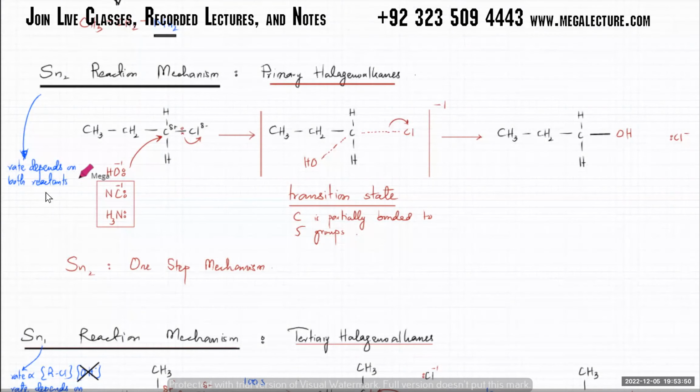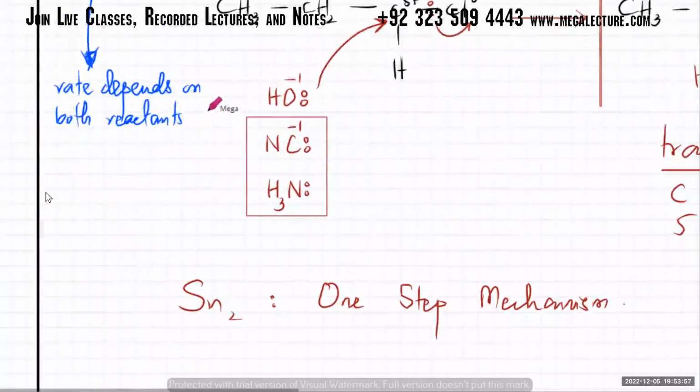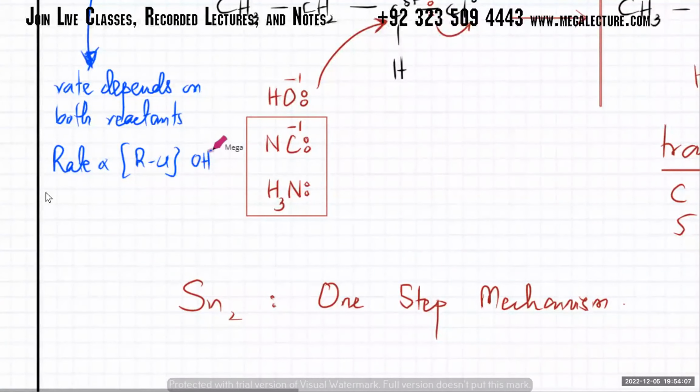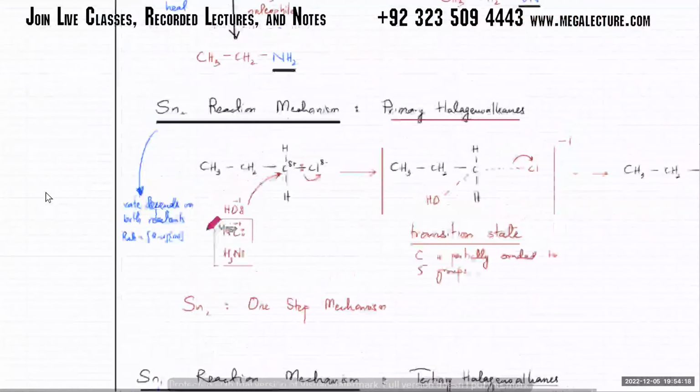Yes. So you can also write it in equation form: the rate depends on the halogenoalkane concentration. It also depends on the OH ion or the nucleophile concentration as well. Okay, it depends on both of them.